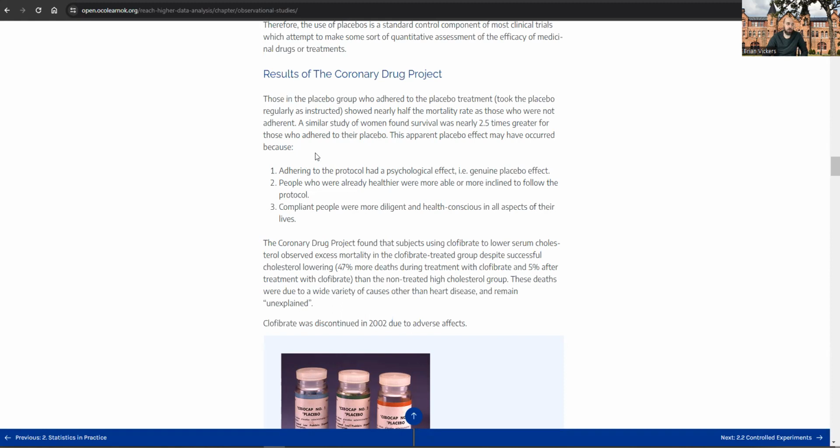Was it the placebo effect, or maybe they were healthy enough to start the experiment at all, so they were just more likely to survive during the treatment period? Or maybe people who were in an experiment are more conscious about their health, and so they are doing other diligent things. It's hard to draw an exact conclusion from it.